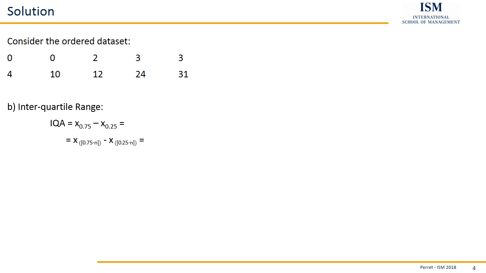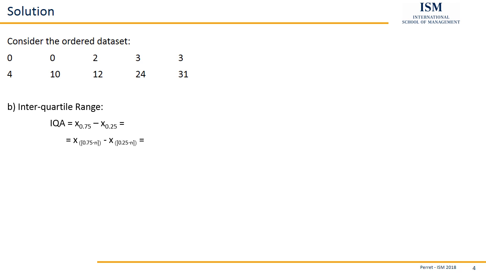First off, consider the number of observations and multiply this with the corresponding percentage. So for the first part, 0.75 times 10. This result will then be rounded upwards to the next highest integer, and this gives us the position of the respective value.